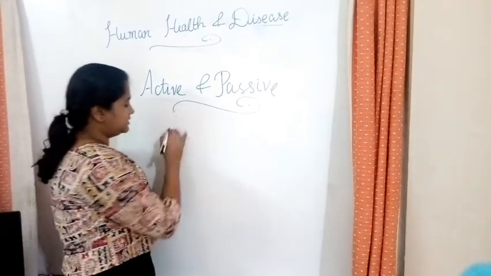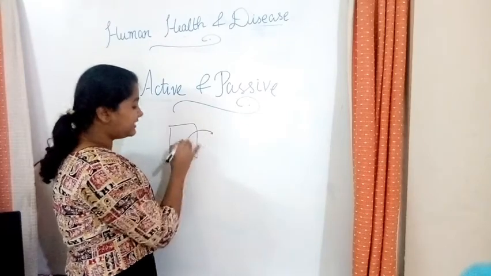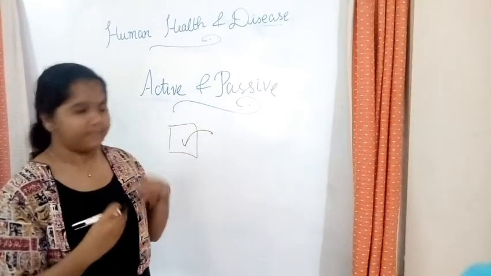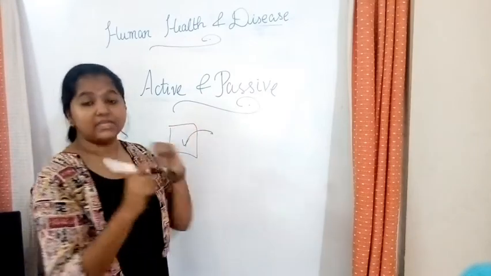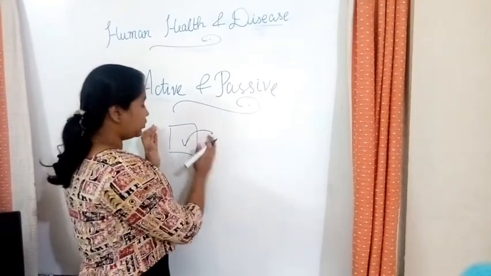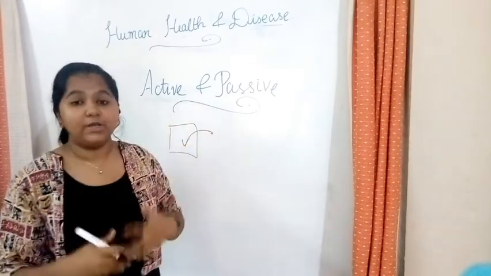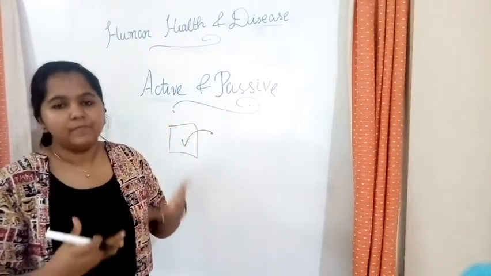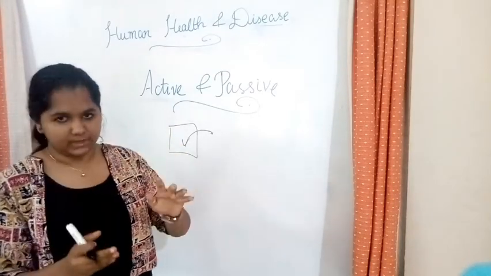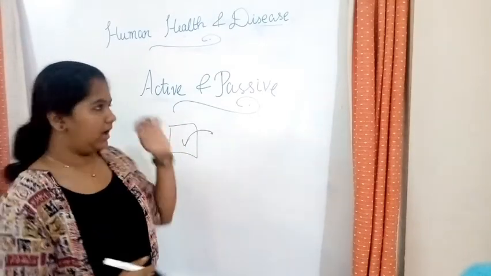Over here, you are not giving antibody directly. The antibody is being produced by your body. The antigen can be proteins, bacteria, anything. These things get inside your body and your body by itself produces the antibodies for preventing. That is active immunity.